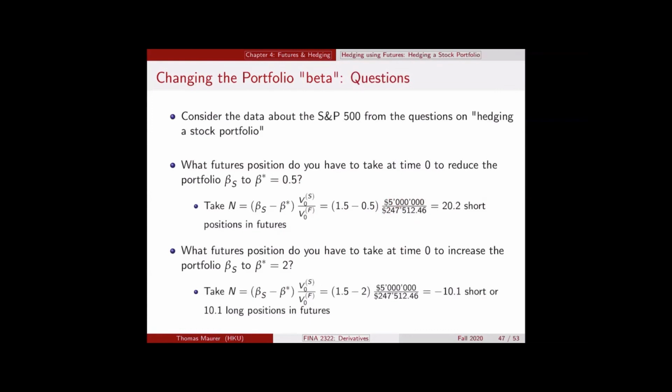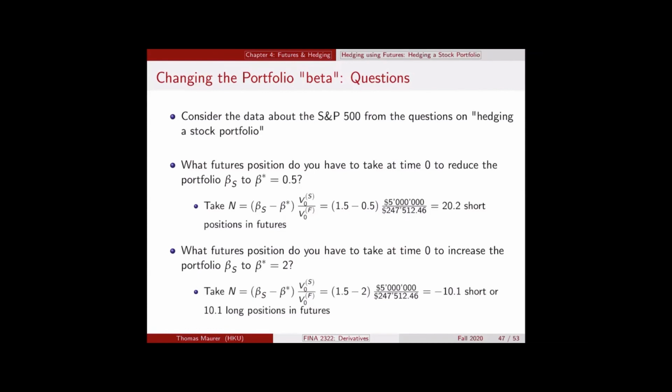And we should use 20.2 short positions in the futures for hedging that risk. And this makes a lot of sense. Before we said to hedge exactly all 1.5 points of market risk exposure, we needed 30.3 short positions in the futures. Now we only move 2/3 the way towards 0. So we only need 2/3 of these short positions to eliminate only partially that risk.